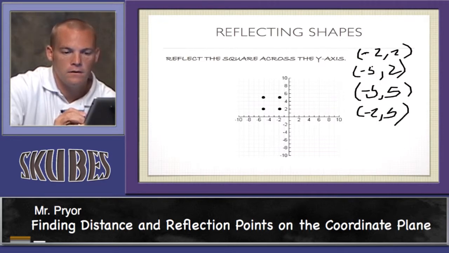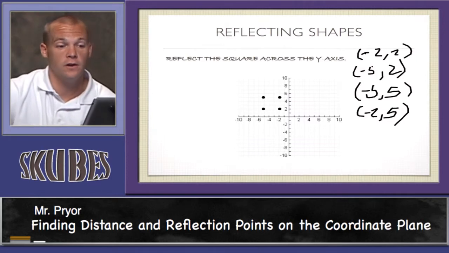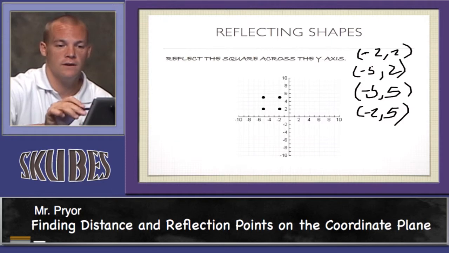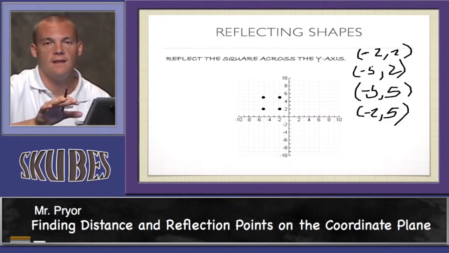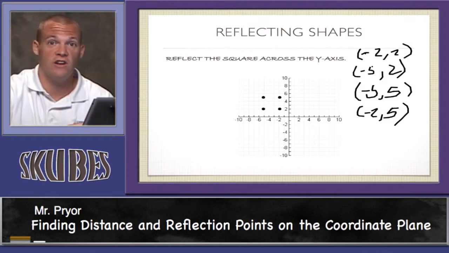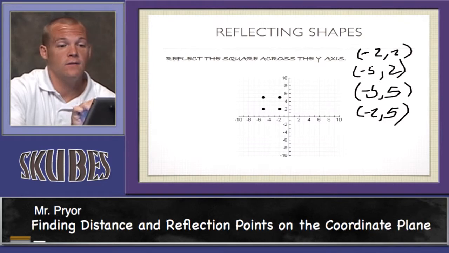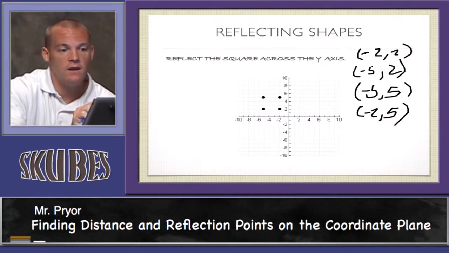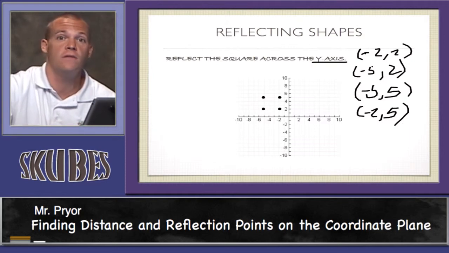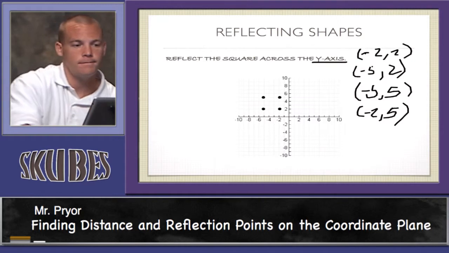All right. So the reason why we did that is because we're going to use the same strategy that we were using just a moment ago. Remember, we're reflecting over the y-axis. Now that we have all of our coordinates listed here, we can take that information and, remembering how to modify them, just make the changes necessary. So when we reflect over the y-axis, what do we change? The other coordinate. By other, I mean the opposite. So we're going to be changing all of the x coordinates of these points to the opposite sign.